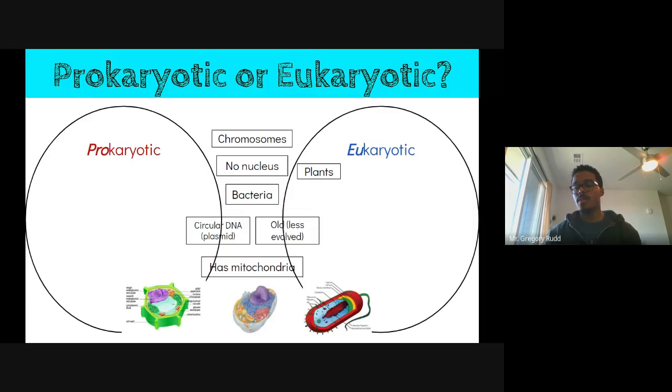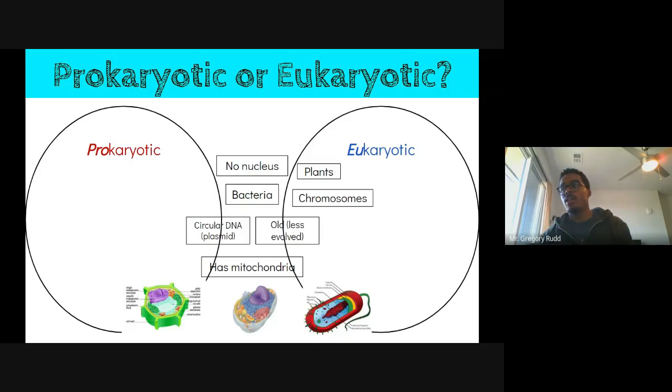No, chromosomes are more organized forms of DNA. So I appreciate you jumping in for that one, Sabina. We find chromosomes in eukaryotic cells. All right, because eukaryotic cells are a little more complex, they're a little more organized, they're younger. So we find chromosomes in eukaryotic cells.